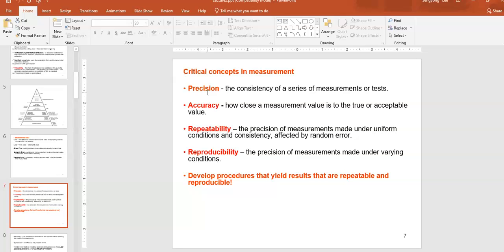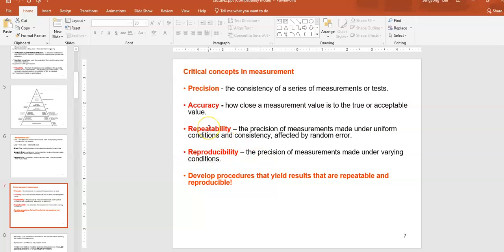So another important term you need to know is repeatability. That's the precision of measurement made under uniform conditions and consistency, affected by random error only. So if you're very precise, your measurement value should be repeatable. Reproducibility, okay, that means the precision of measurement made under varying conditions.